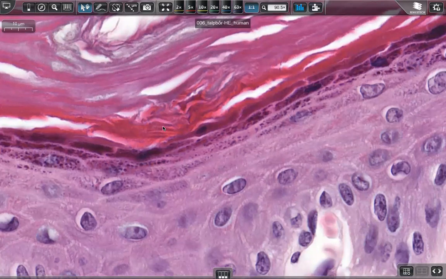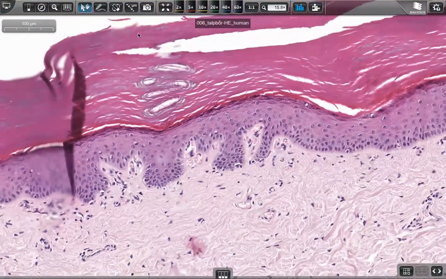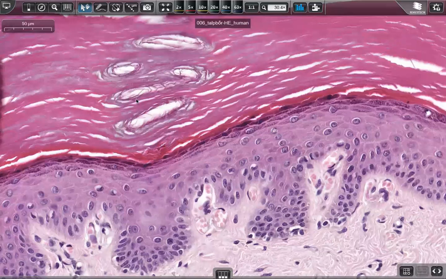The stratum lucidum is present only in the thick skin, so the surface of the palm and sole. And over the stratum lucidum, there is the thickest layer, that's the stratum corneum. And now here we can see the exact cross-sections of the spiral excretory duct of merocrine sweat glands.